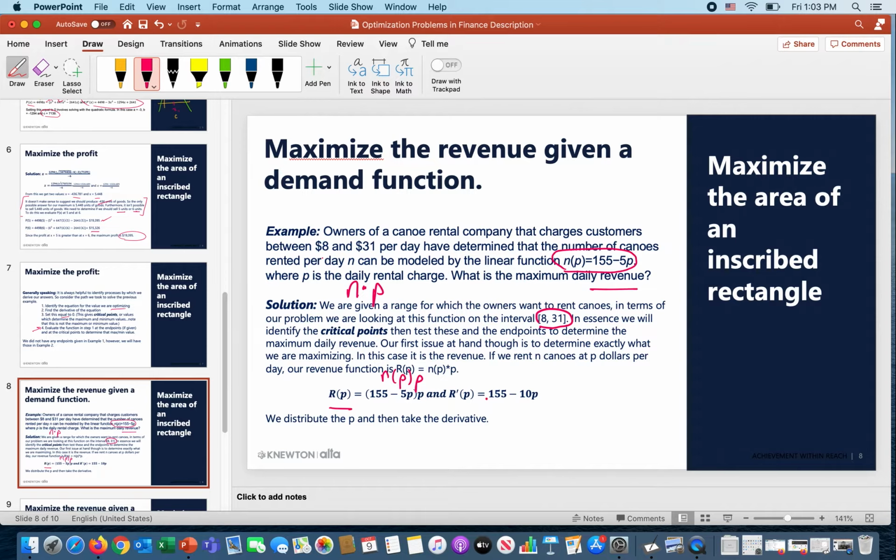I get 155 minus 10P squared. Or excuse me, 10P. I did the 10P squared a minute ago when I was creating my notes on this. So if I write the revenue function out, it looks like this: 155P minus 5P squared. And if I take the derivative, I get this.